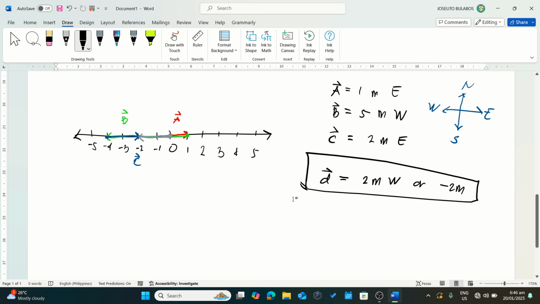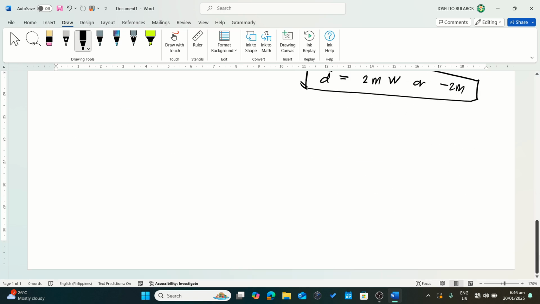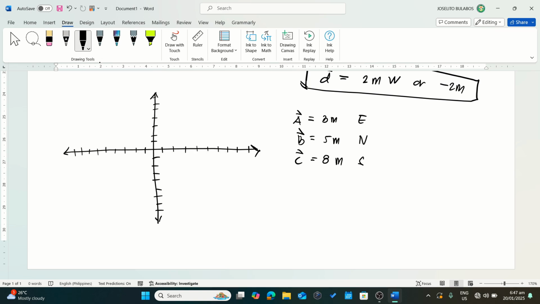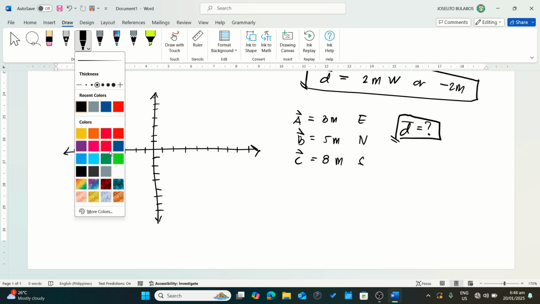Now, since this is just a one-dimensional representation, for 2D, let's have an example for 2 dimension. Okay, so let's say we're given the following vectors. Find the displacement. So how much is the displacement? So first we have to graphically illustrate or draw or trace the following vectors.